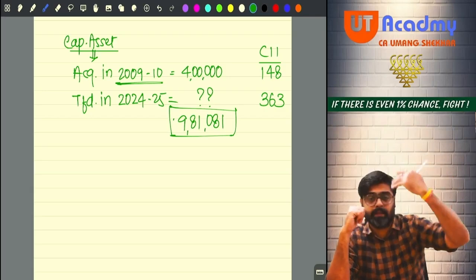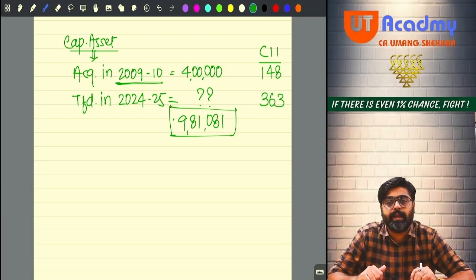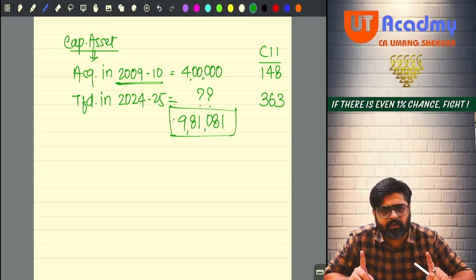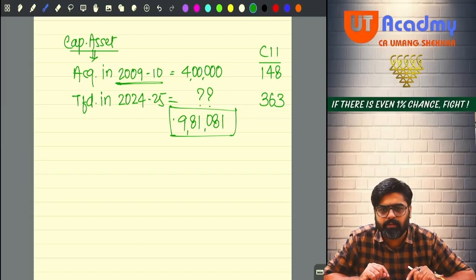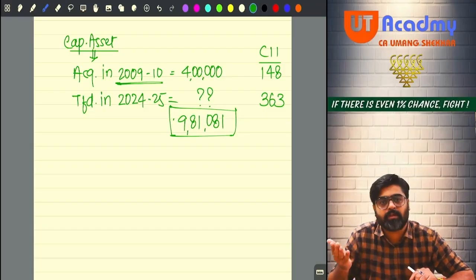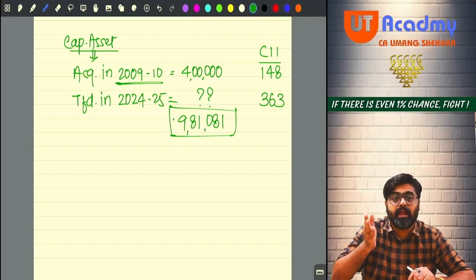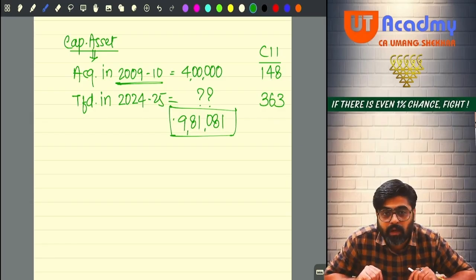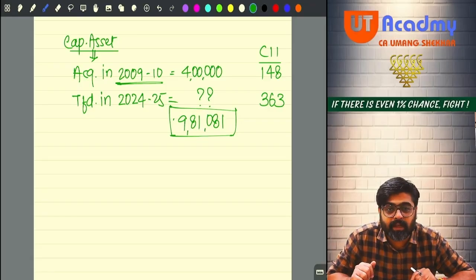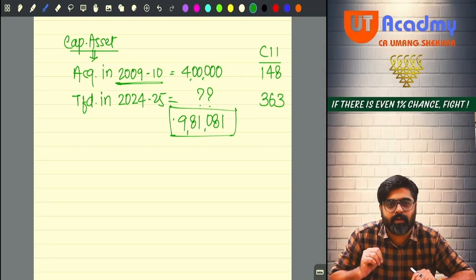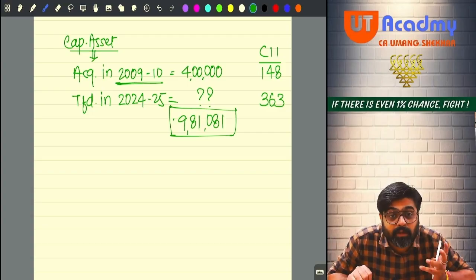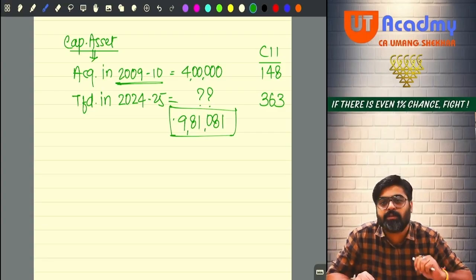Its cost has increased to how much? 9,81,081 today. Now, for any long-term capital asset, over a period of time, there is an inflation in its cost. Some assets, you will see the inflation in their cost after 12 months. Some assets, you will see inflation in their cost after 24 months. Some assets, after 36 months. Real inflation starts in their cost.